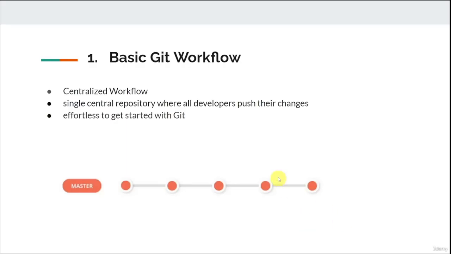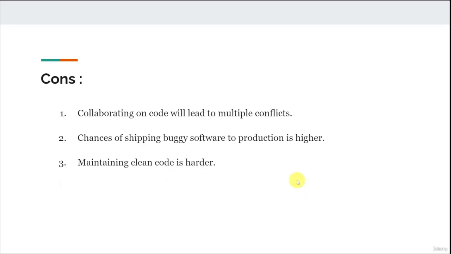Of course, now you can think there will be some conflicts, there will be some issues, right? If we use the same folder for different functions, of course there is a chance of issues. The main one is that collaborating on code will lead to multiple conflicts.